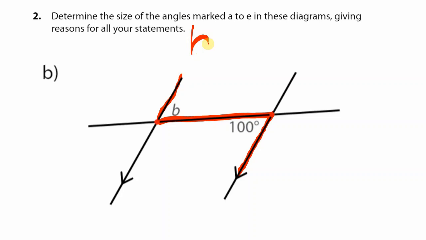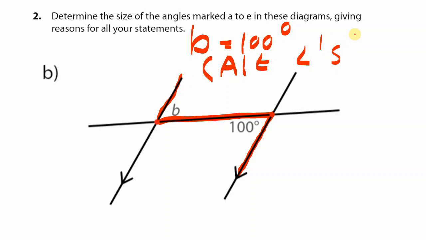So we can in fact say B equals 100 degrees. We now need a reason. What is our reason? Alternating angles. Perfectly accepted abbreviation.